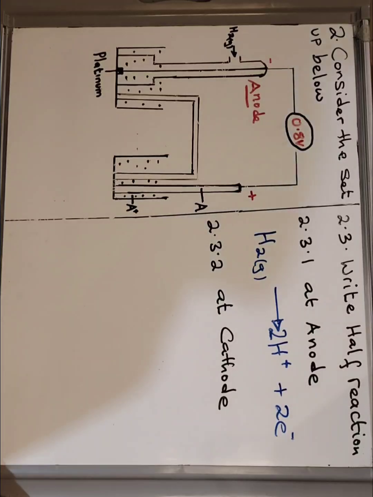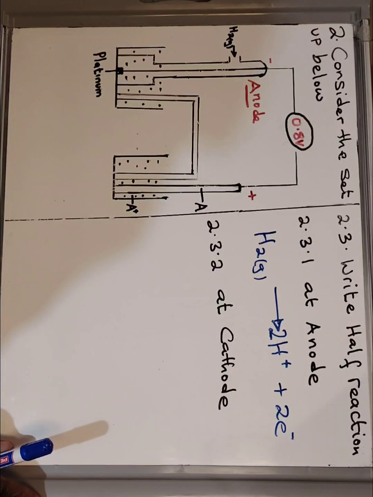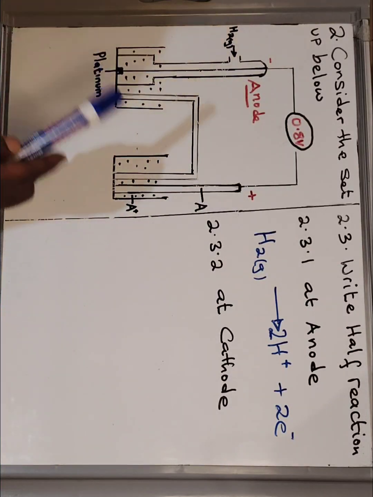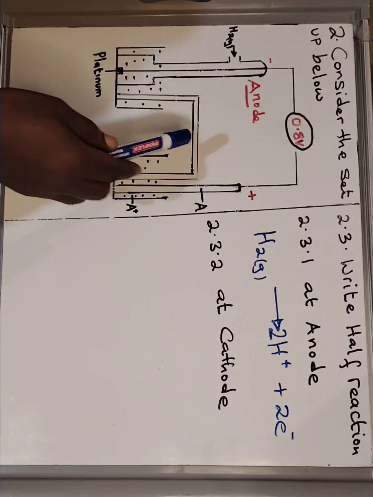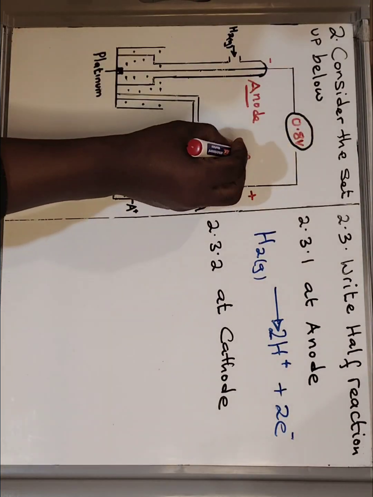Then comes this question, a reaction at cathode. Like we said, this one has to be taken seriously. The cathode of a galvanic cell is the positive. So this side here is our cathode.